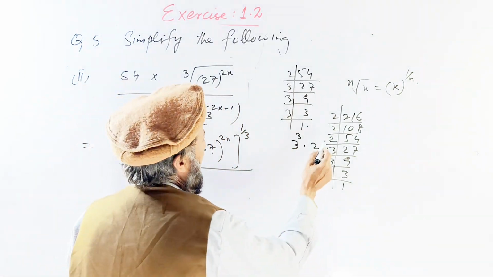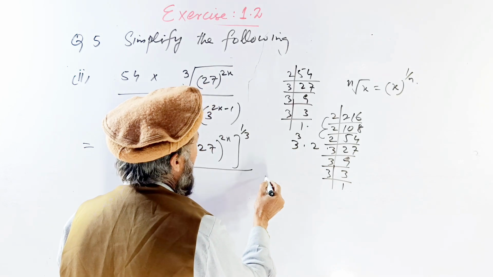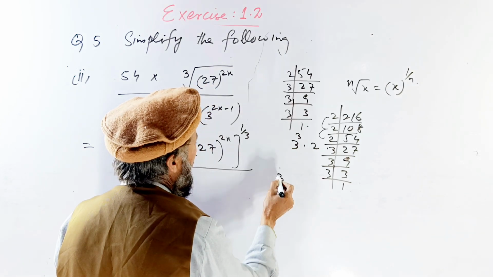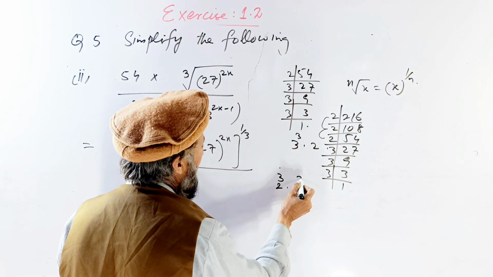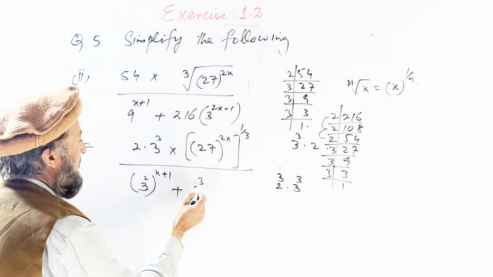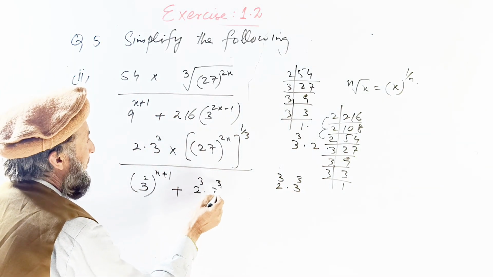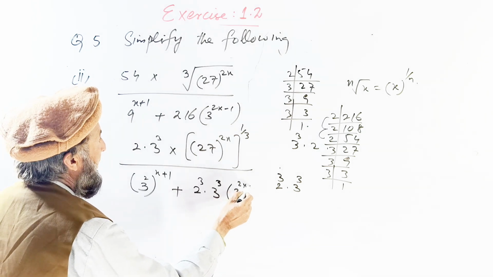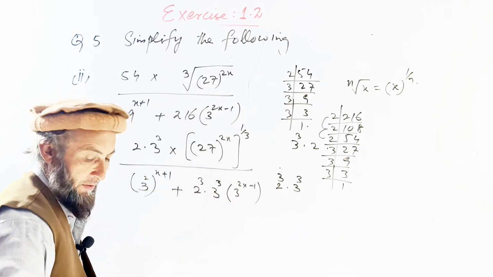Now look here, there are 3, we can write 3 cube, 2 cube and 3 cube, and 216 we can write here 2 cube and 3 cube 3 2x minus 1.